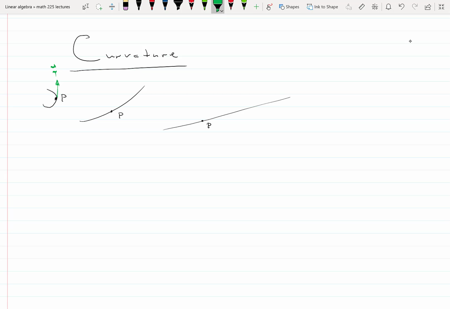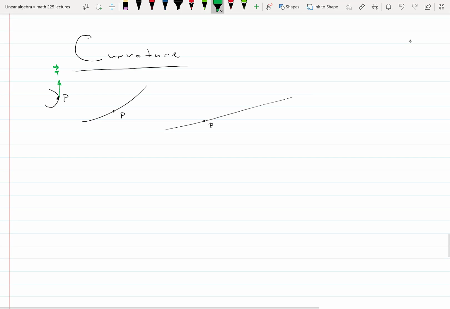Now if I move along the curve from P just the slightest amount, the unit tangent vector will make a big swing. It doesn't change its length, it has length 1, but it makes a pretty big swing.